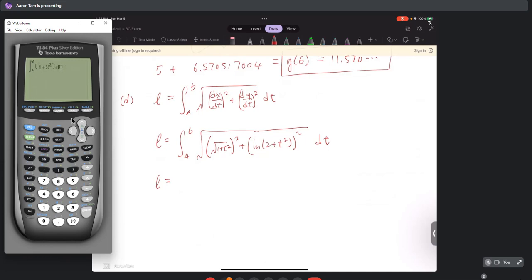I'm just going to put the x here for now. Plus, this one I do need a parentheses. Natural log of 2 plus x squared, close parentheses, squared. And I'm going to hit enter.